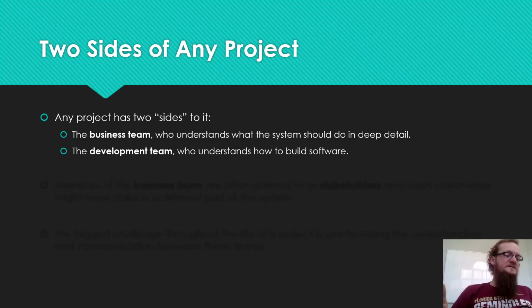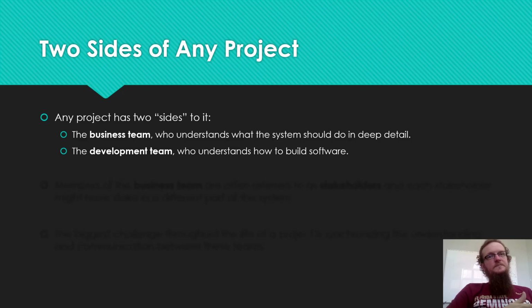The business team are the people who are working with the client, and they understand what the system should actually be doing. A lot of the time, people on this team will actually end up using the system to begin with, so they have a lot of information about the requirements you're trying to gather, and they are the people you're gathering requirements from. They're called the business team because they understand the business.